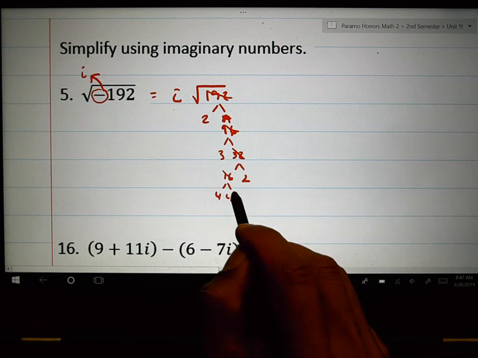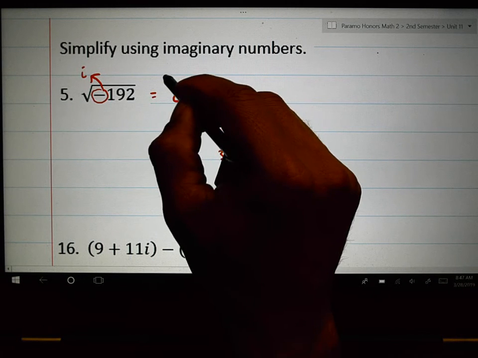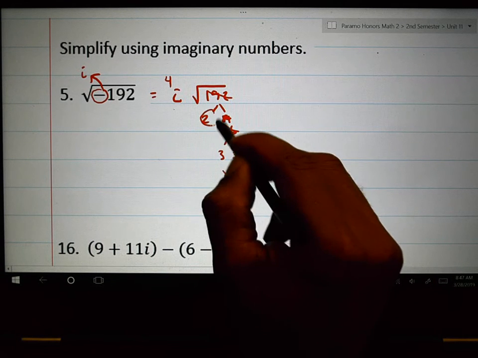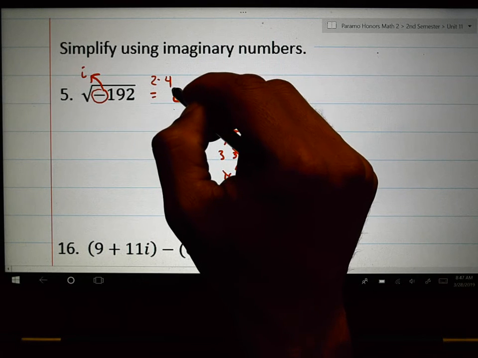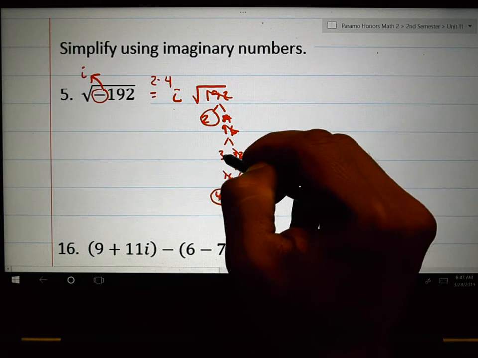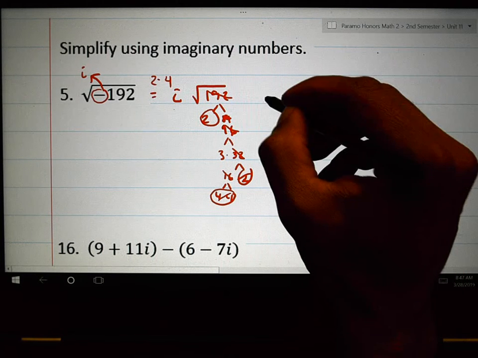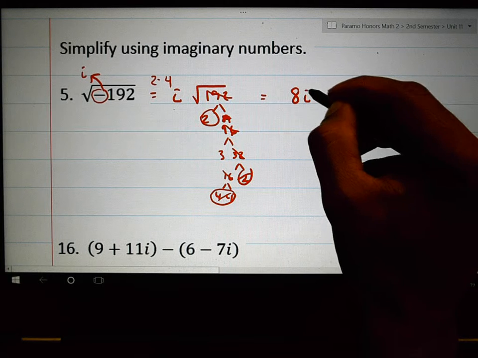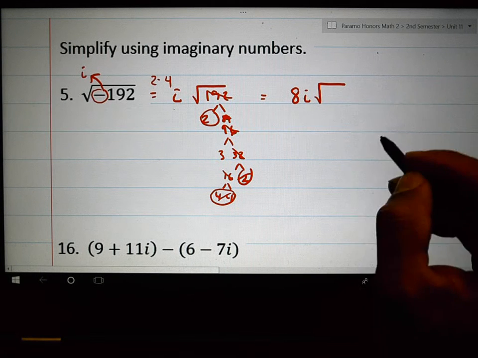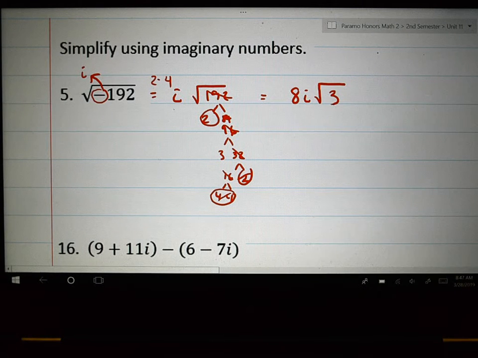So I have a pair of 4s. It's going to pop out. Pair of 2s, it's going to pop out 4 times 2 times i, and then there's this 3 that's all by itself inside the radical. My final answer, numbers, then letters, then radicals. 8i root 3. 8i root 3.